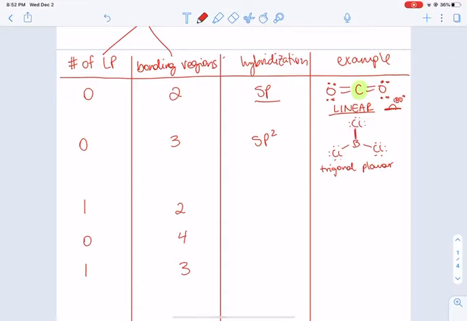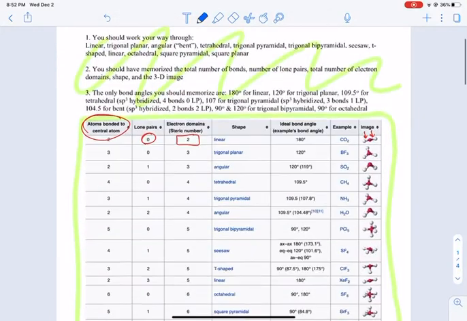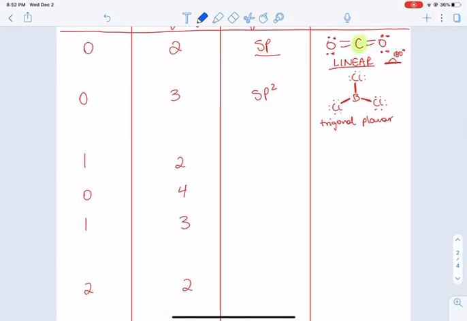Trigonal in the sense that it looks kind of like a triangle. Now, if you split a circle into 3 pieces, the bond angle here between chlorine, boron, chlorine is 120 degrees. It's the same thing as if you have a circle and you split it into 3 pieces.